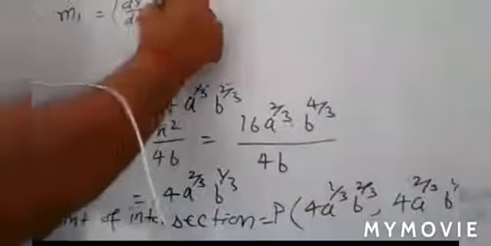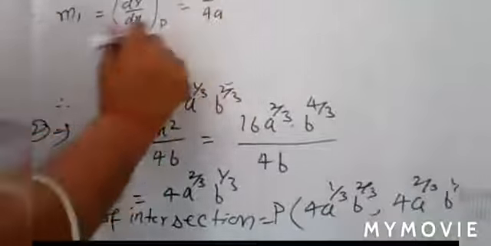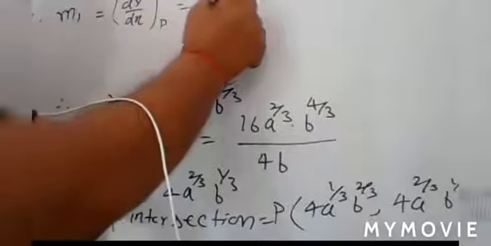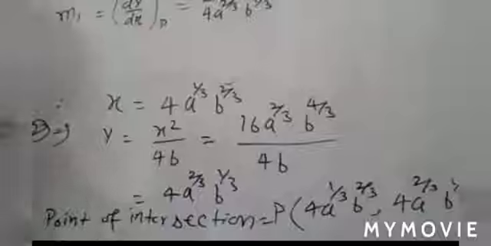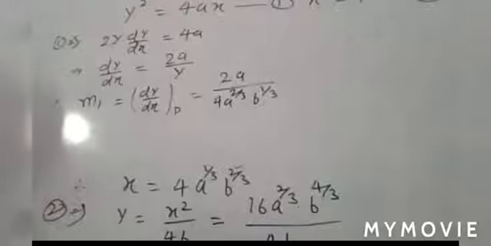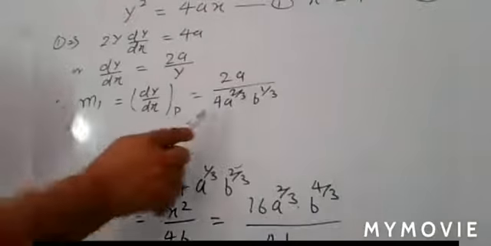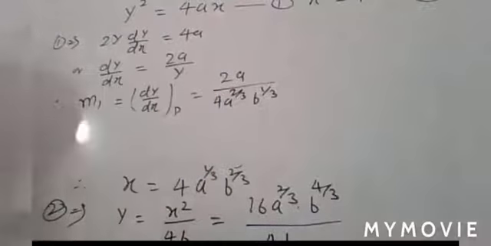Now putting its value, you have 2a upon 4a to the power 2 by 3 and b to the power 1 by 3. You can write the value of m1 in this way. Just check it. Here you have 2 by 3 and here you have 1 by 3.